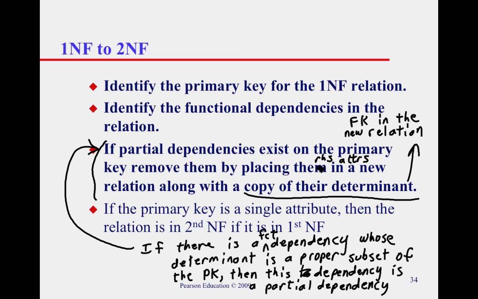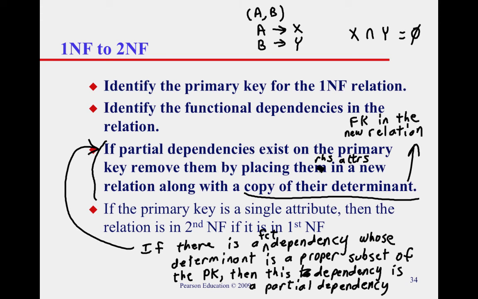One nice thing, you might say, well, let's say that the primary key consists of A and B. And let's say A determines some set of attributes X, and let's say B determines some set of attributes Y. And one question you might ask is, can X intersect Y be anything other than the empty set?